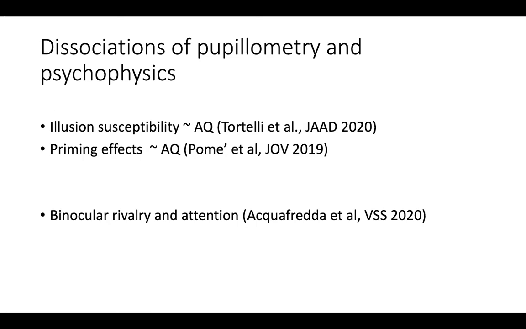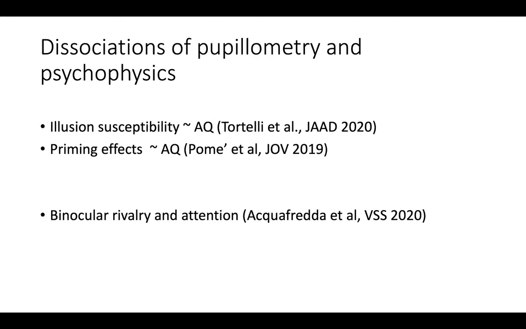But this is also true outside the field of autistic traits. It is, for example, true in a paradigm where we looked at binocular rivalry and the effects of attention. We presented it this year at VSS, Vision Science Society, where we found that binocular rivalry, again another bistable phenomenon, could be tracked by looking at modulations of pupil size.